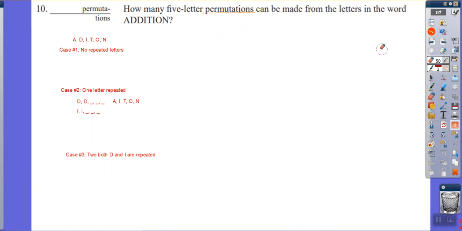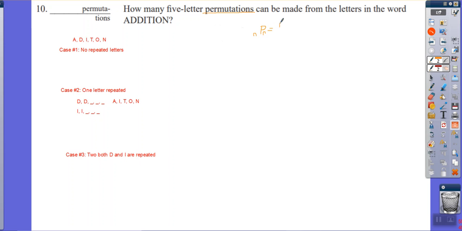So we do need to understand the equation for permutations. The equation for permutation, with permutation being the big P, has n for the absolute total number of objects or numbers or letters we have, and then the letter r for how many we're going to use.